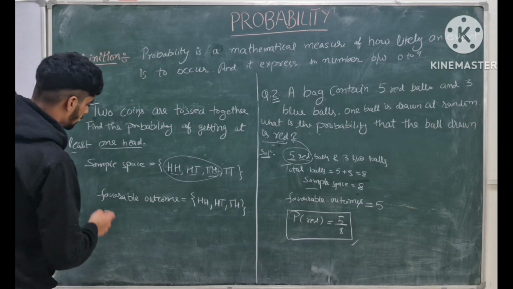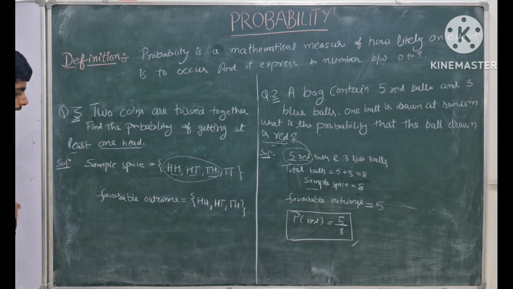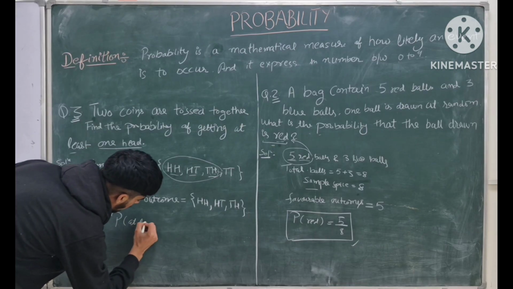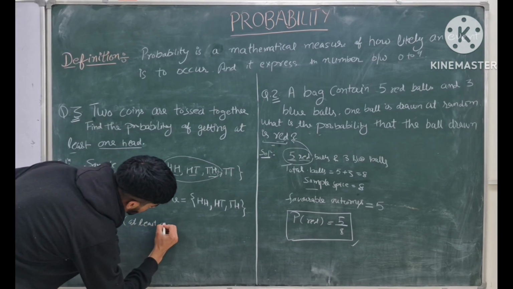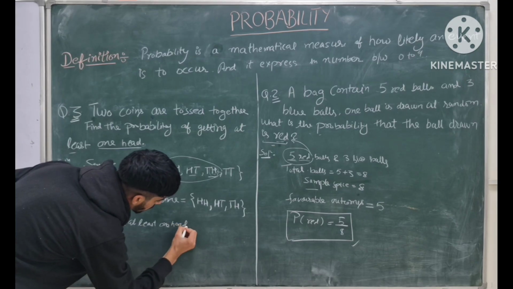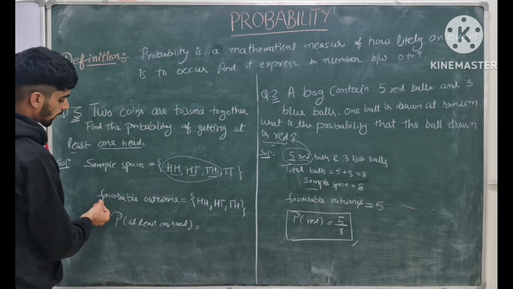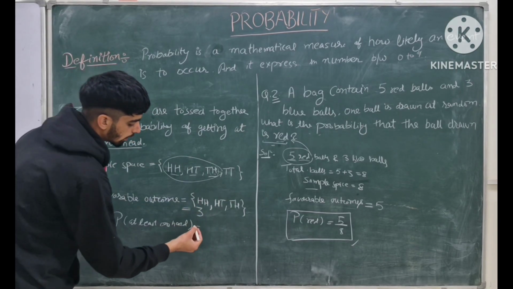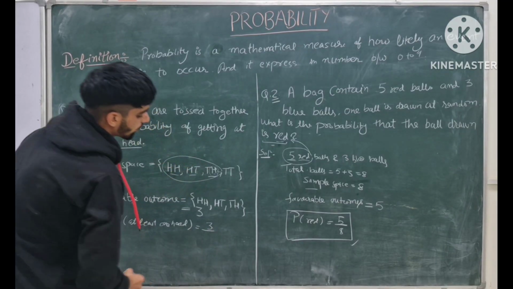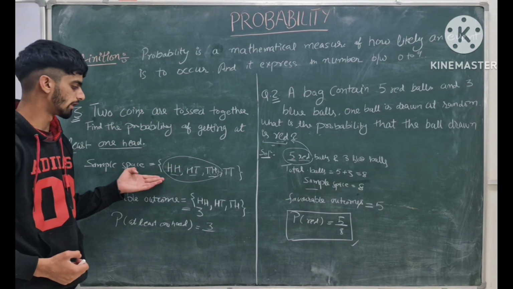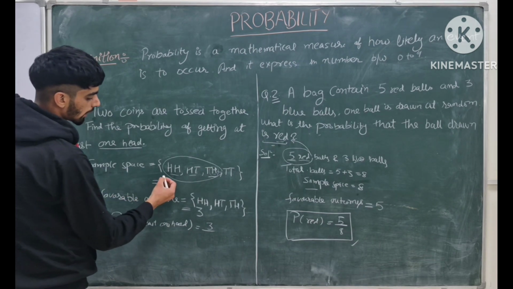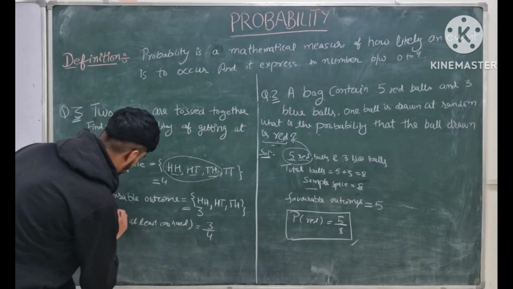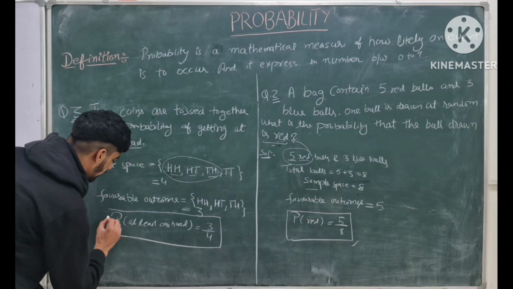Now simply apply the formula of probability. The probability of getting at least one head is equal to the total number of favorable outcomes, which are 1, 2, 3, upon the sample space. How many outcomes do we have in the sample space? 1, 2, 3, 4. So 3 by 4 will be the probability of getting at least one head.